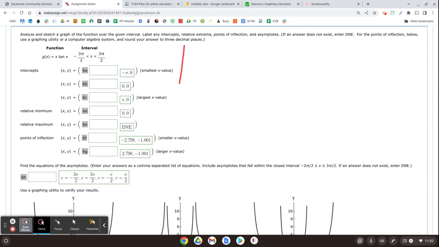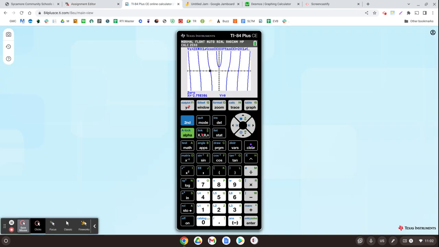Now, how do I find the 1.101? What I could do if I wanted was go to my table settings. Remember to change it to ask. Okay.